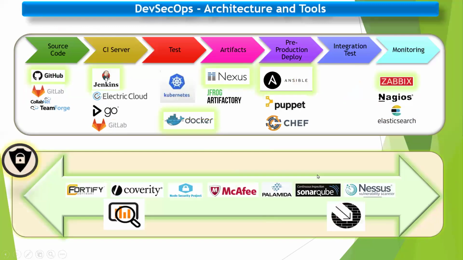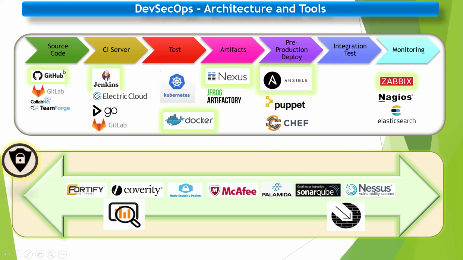So what are the different tools in DevOps and DevSecOps? The first block is DevOps tools, and the second block is the security tools, which can be integrated at the different stages of DevOps. For source code, you have version control tools like GitHub, GitLab, Bitbucket and TeamForge.